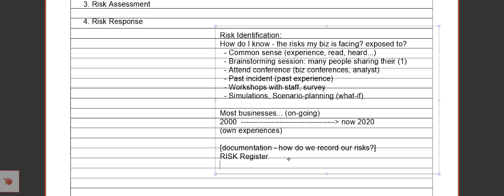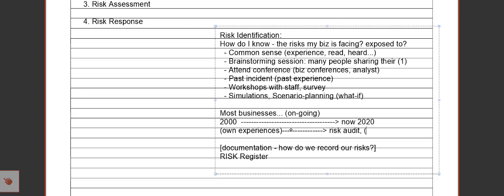So one way for existing businesses to identify the risk of their business is to do a risk audit. They can go through their record and update the record and see whether there are any changes to their risk.